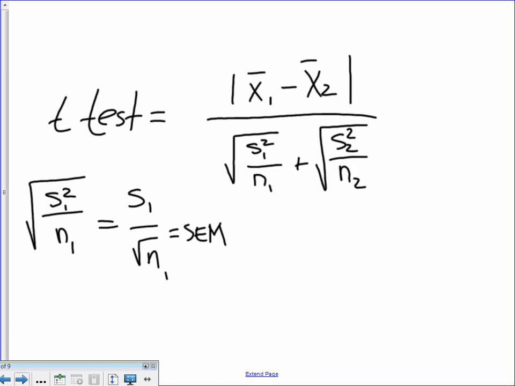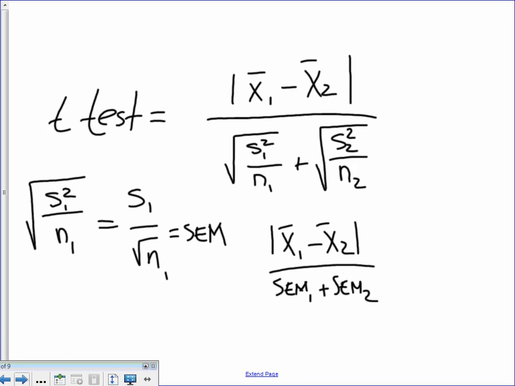So I could rewrite the equation to be the mean of group 1, subtract the mean of group 2, absolute value, divided by the standard error of mean for group 1 plus the standard error of mean for group 2. So that's also going to equal your t-value.